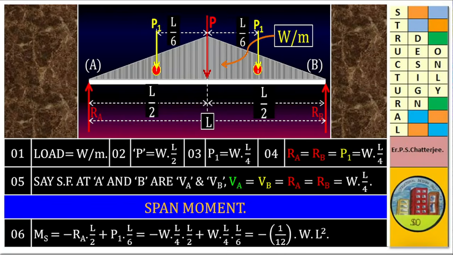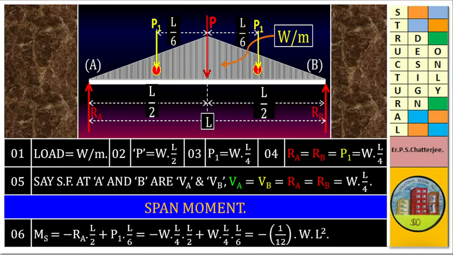P1 is equal to half of P, that is W into L by 4. Here RA is equal to RB is equal to P1, which is W into L by 4. So if the reactions at A and B are VA and VB, then VA is equal to VB is equal to RA is equal to RB is equal to W into L by 4.